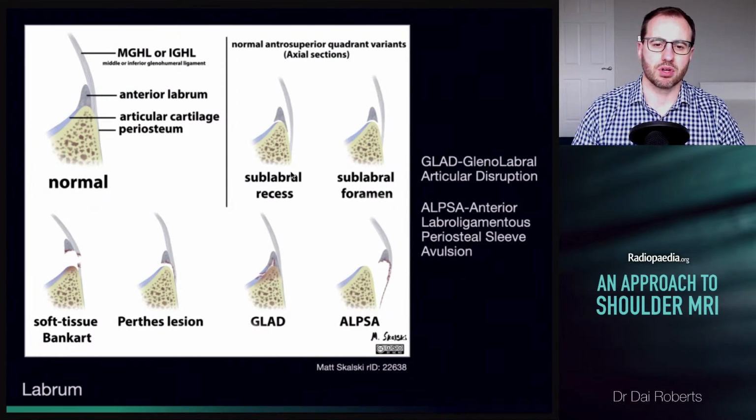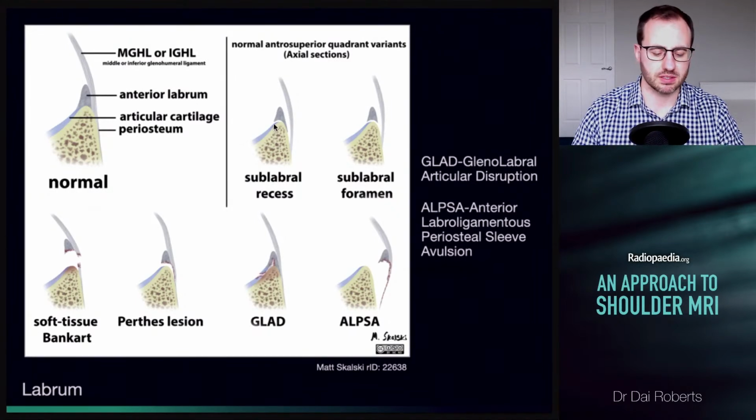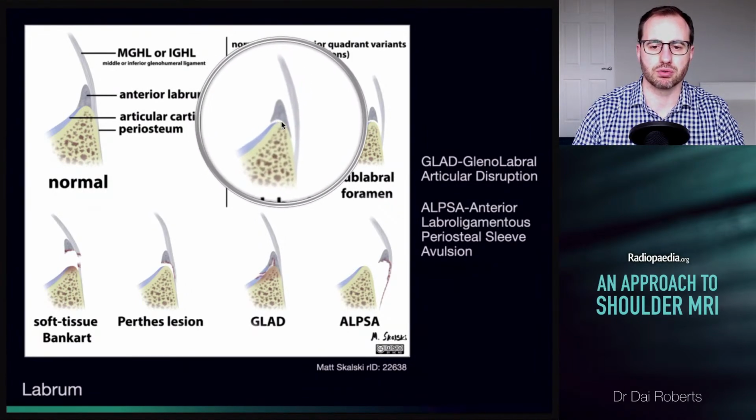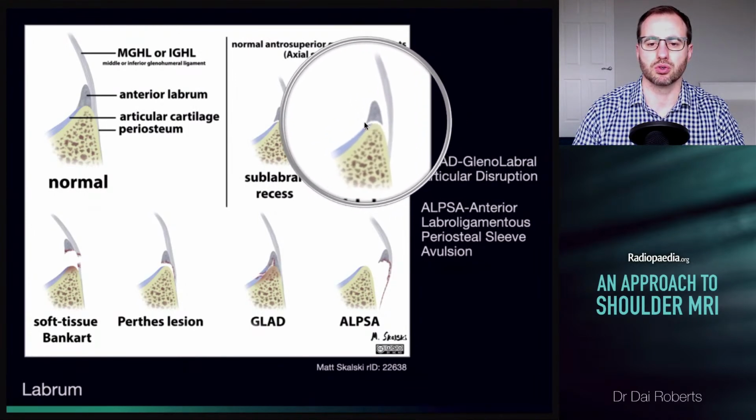Something we have to be careful of is normal variants, and particularly that 12 o'clock to 3 o'clock position, you can get them. So that would be the anterior superior aspect. So you could either have a recess, which is this smooth contour beneath the labrum, or you could have a sublabral foramen, which is a complete smooth contour beneath it.